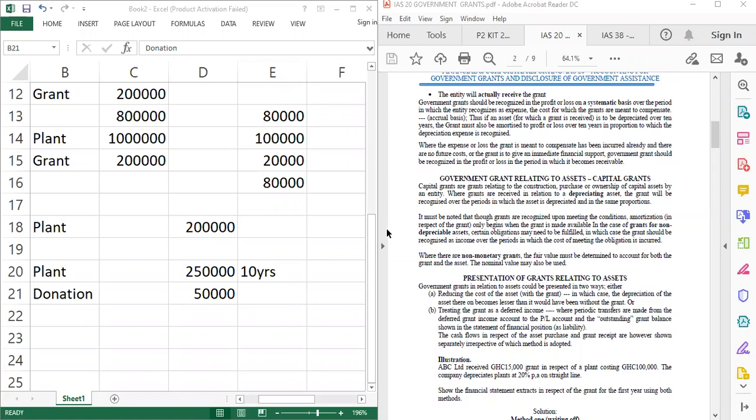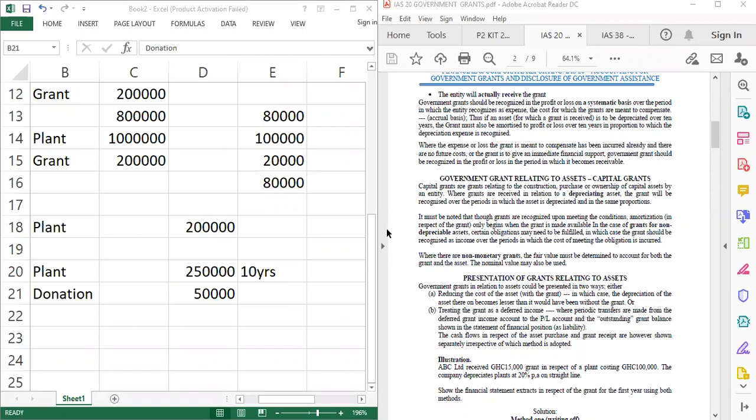So if you recognize all the 50,000 as a revenue item for that particular year, this does not give a faithful representation of the donation, because the donation was given towards a plant which will last for 10 years. So to give a faithful representation of the financial statement, it is advisable for you to either amortize the donation over the useful life of the asset, or you net it against the cost of the asset. That will give much more detailed information about the treatment of the donation.